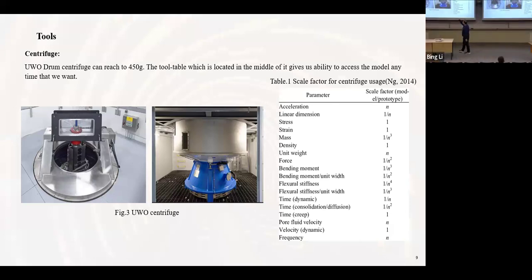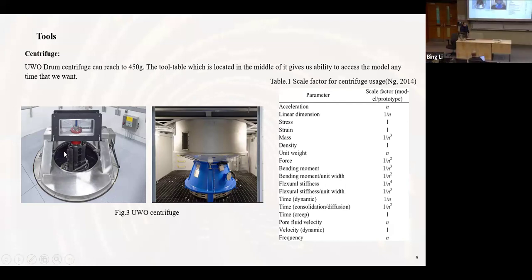It has a tool table, which is in the middle of the centrifuge. This one is the drum, and this one is the tool table. They can rotate separately, or they can rotate synchronously. And using scaling laws, we can convert the model results to prototype results, or the inverse.